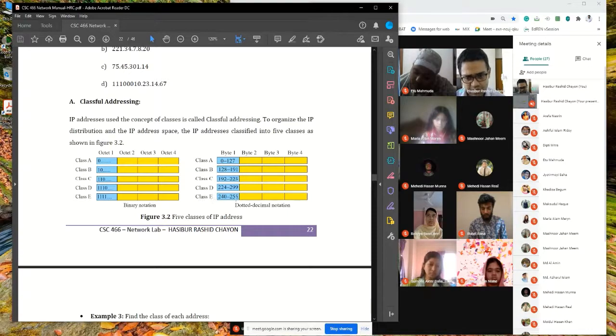Although the last 2 classes are not usable for us, they are reserved or restricted for specific reasons. We generally use A, B, and C: 0 to 127, 128 to 191, 192 to 223. These are the ranges. It's better you remember at least class A, B, and C, because most of the time the IP address you use is either class A, B, or C.